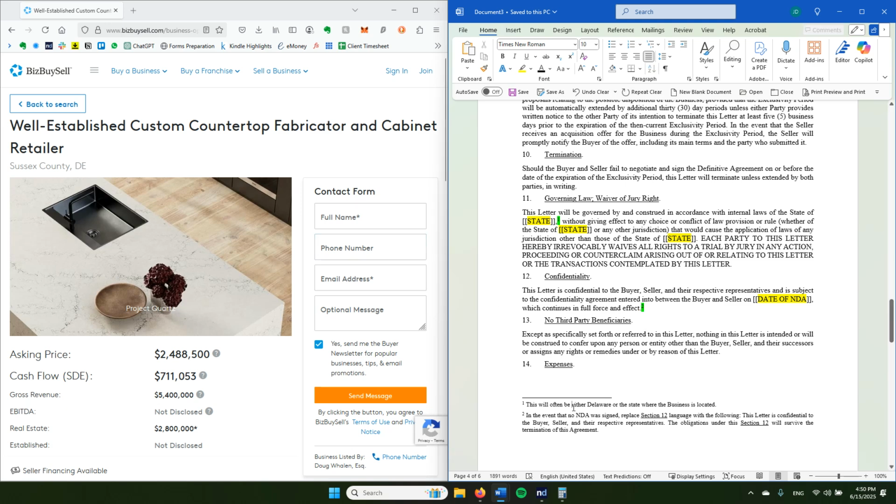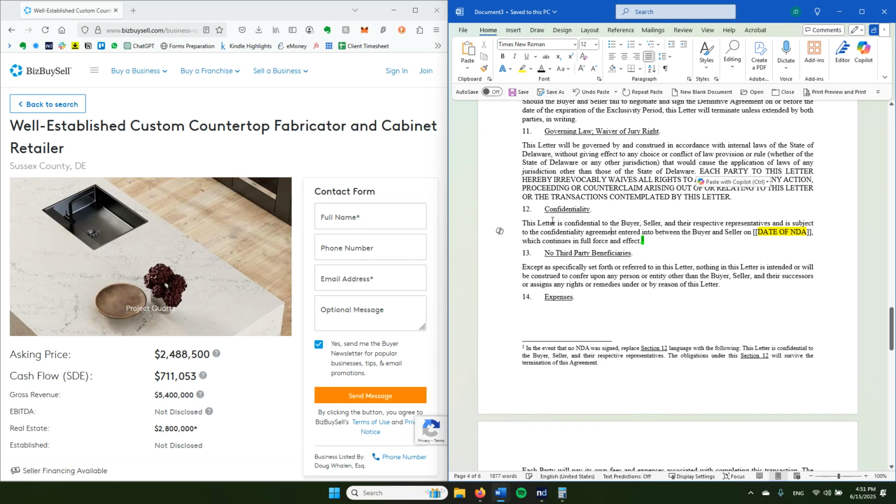All right. So this is a unique situation because this business is actually in Delaware, so it will definitely be Delaware. Copy and paste this into here. All right, so I have not signed an NDA for this one because I've not looked at the listing, so I will just copy and paste this language instead.